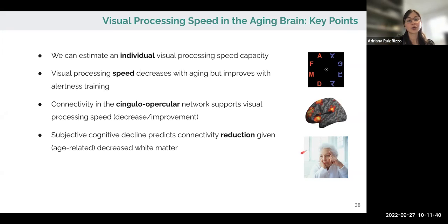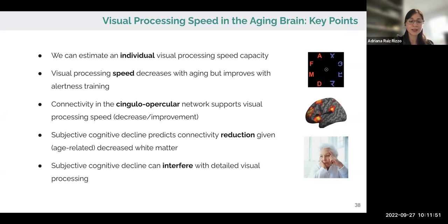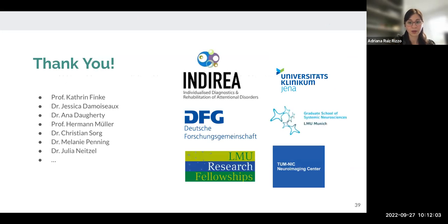I've also shown you that subjective cognitive decline predicts connectivity reduction given a probably age-related decreased white matter. And finally, that subjective cognitive decline can interfere with the detailed visual processing, reducing the benefits of perceptual detail in scenes. And with this, I'd like to end my presentation.